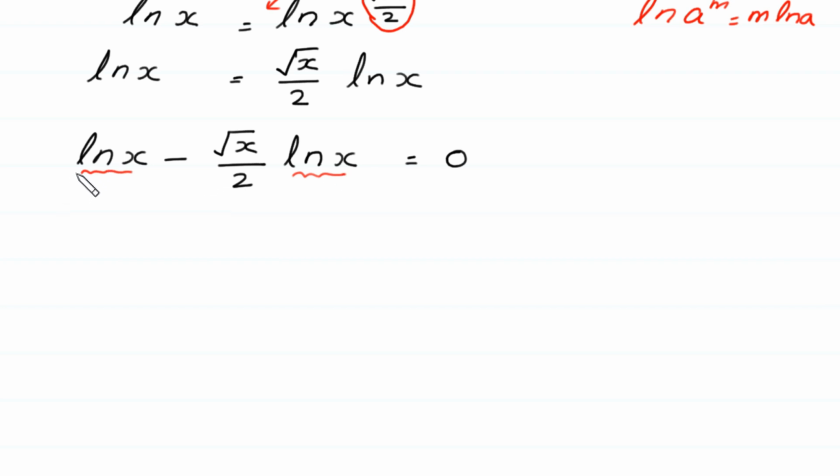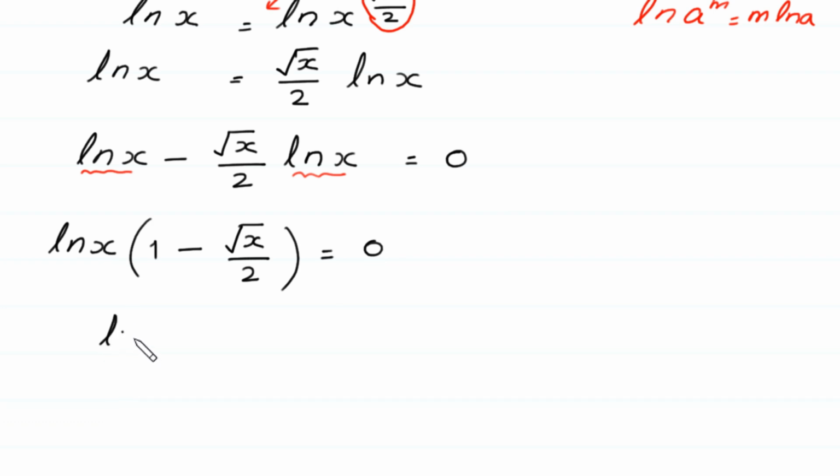So we factor out this ln of x. ln of x as a common factor, and in brackets left, from here 1 minus, and from here square root of x over 2 is equal to 0. Now from here, either this expression ln of x is equal to 0, or this expression 1 minus square root of x over 2 is equal to 0.